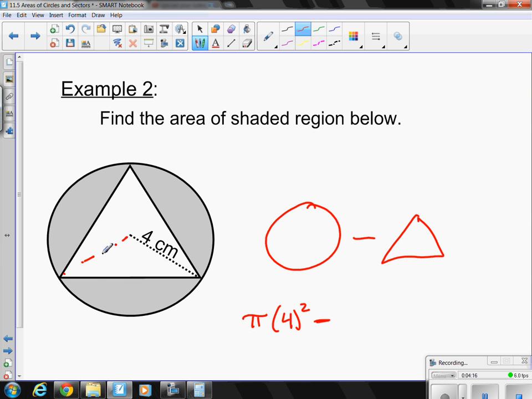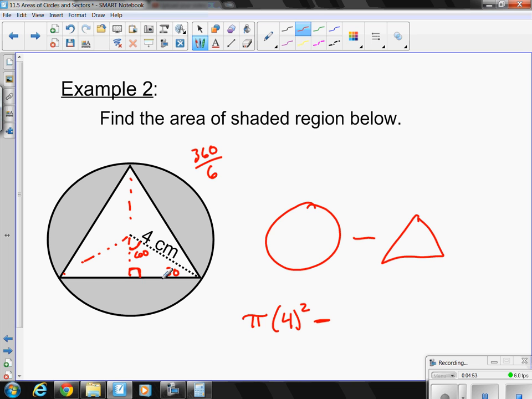If I break this into right triangles, this central angle is 360 divided by 6, because we have 3 of these isosceles triangles, which means 6 right triangles. So this is a 60-degree angle. If that's a 60-degree angle, this is a 30-degree angle, and this is a 30-60-90 triangle.